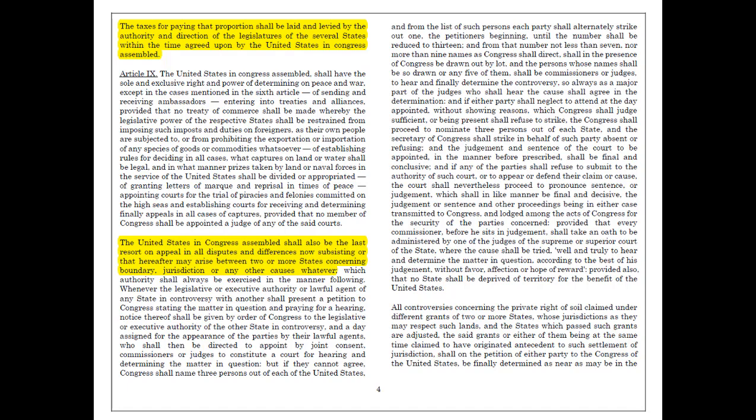This is the substitute for having a federal judiciary. It is an utterly unworkable process. You can imagine all of the lawsuits that get filed between residents of different states and between states themselves over land and other issues. And this is the method that the Articles of Confederation prescribes for resolving all those conflicts.